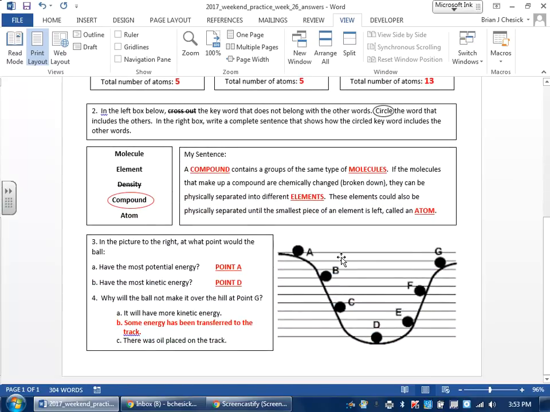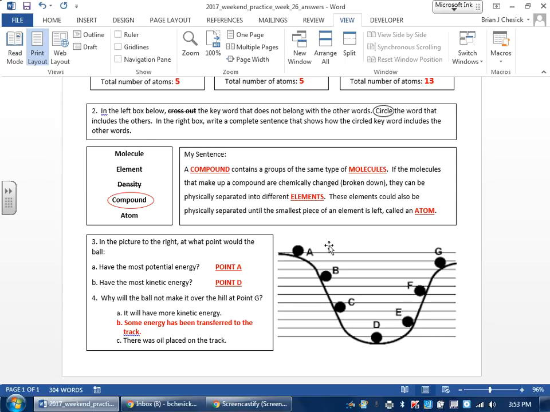Number two, I had asked you to cross out the keyword that doesn't belong and circle the one that includes the others. There might be some different answers for this, but this was my sentence, and I wouldn't have expected you to have something as detailed as this, but hopefully you had parts of the same type of answer. I would have written that a compound contains a group of the same type of molecules.